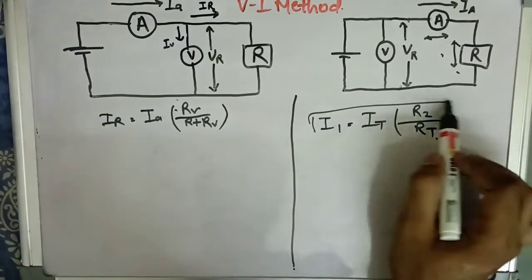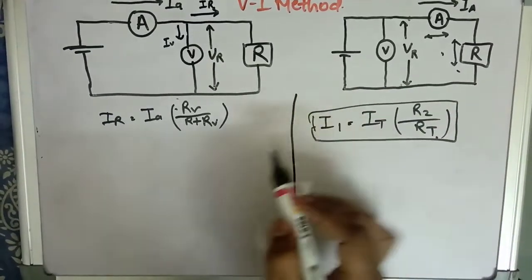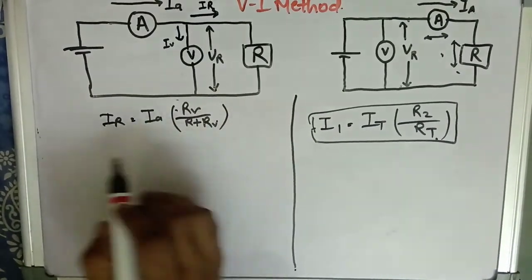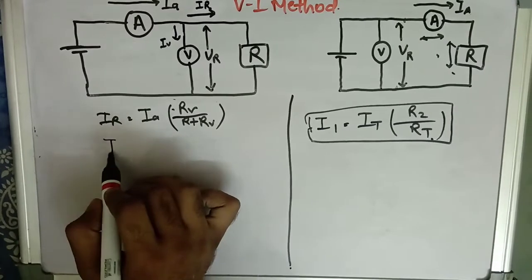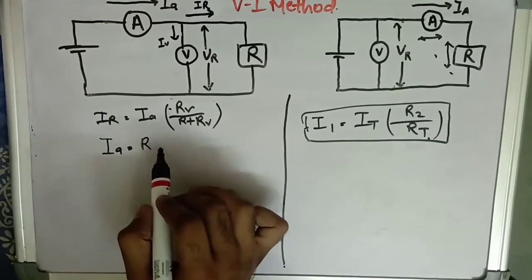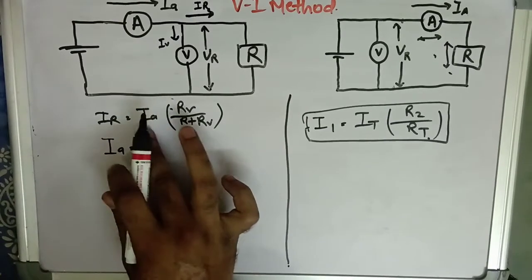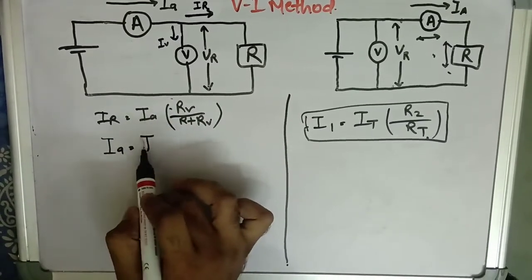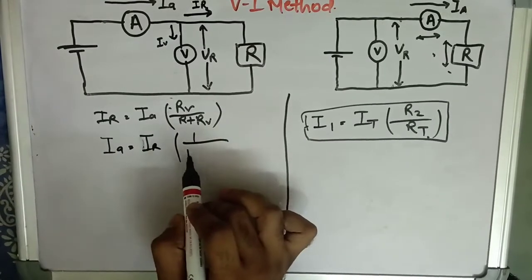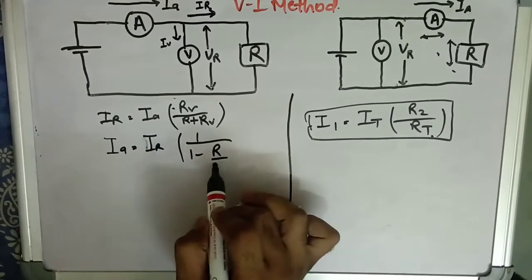So this is the current division rule. I hope you are familiar with it. From this we have IA equals IR into 1 upon 1 minus R upon RV.